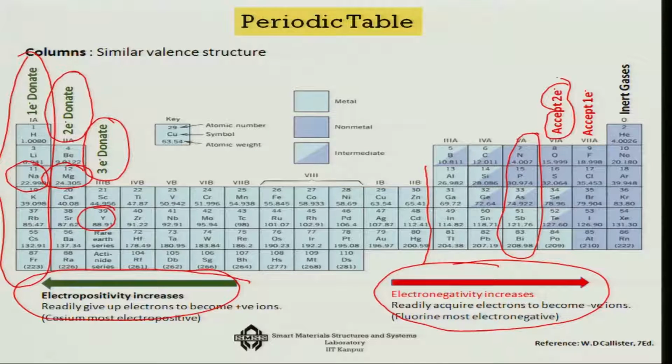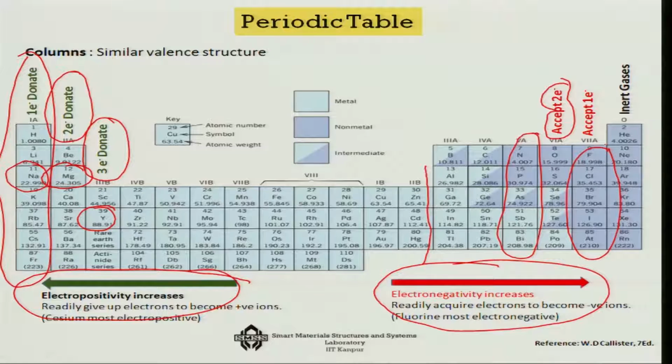So, they are electronegative, of course not very high. The higher degree of electronegativity you will find in, for example, this group where most of the halides are, like chlorine, bromine, iodine, etc. So, they can readily become electronegative.